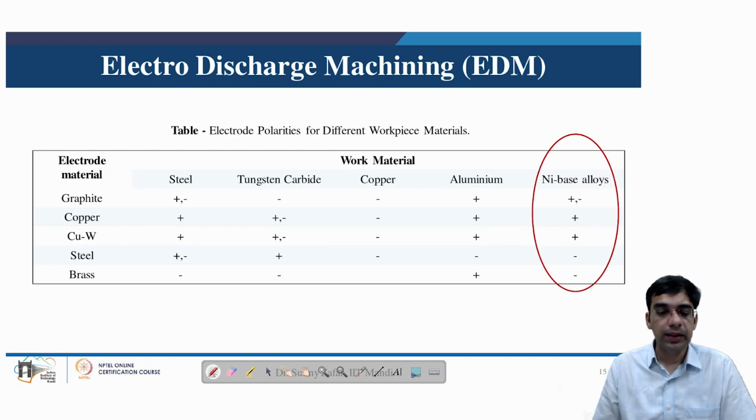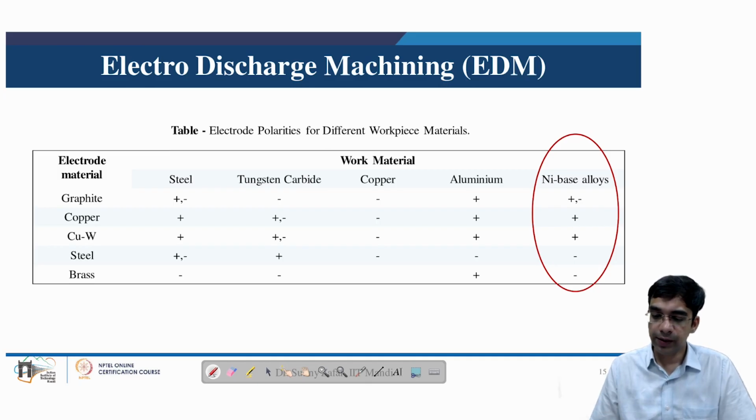In this slide, the table basically shows the different popular electrode materials. The electrode is sometimes also known as the tool in electric discharge machining. Graphite, copper, copper mixed with tungsten, steel and brass are some of the popular electrode materials or tool materials used in electric discharge machining.